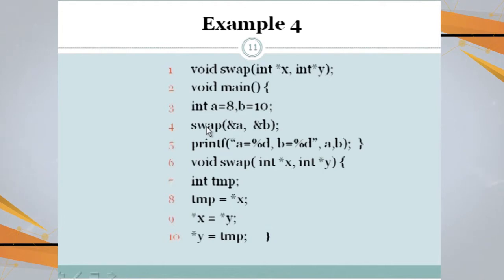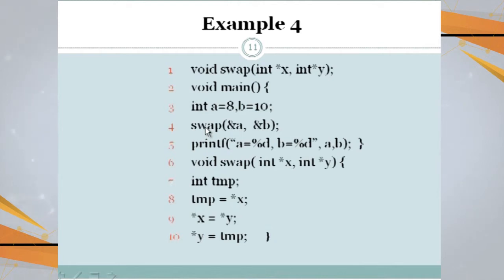Now let's come toward function calling. Here, when we call swap function, we will have to pass the memory addresses of two integer variables. For this purpose, we have declared two integer variables. Carefully observe that here a is initialized to the value 8 and b is initialized to the value 10.